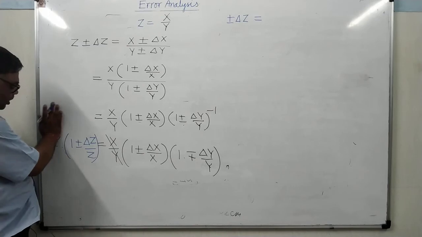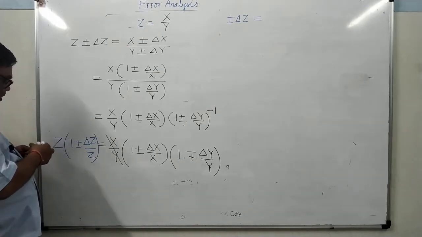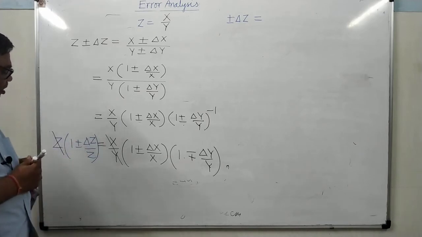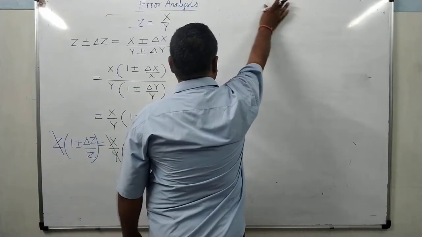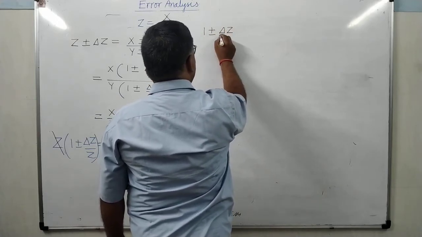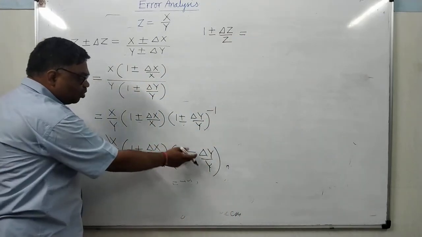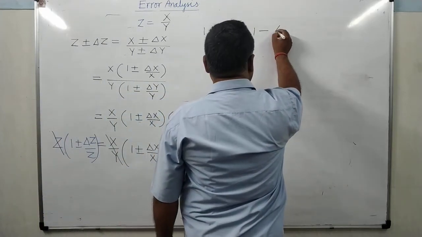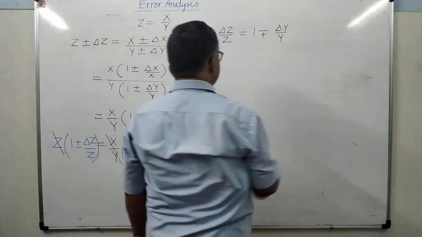The value of z will be cancelled with x upon y. It is clear. Now it is cancelled. So from here you will get 1 plus minus delta z upon z. Now you multiply this. So 1 into this is 1 minus plus delta y upon y.